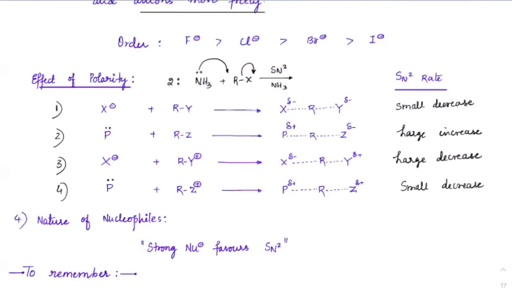If the solvent itself acts like a nucleophile, we call it a solvolysis reaction. So solvolysis happens very well with SN2 reaction. That is why I have written ammonia in the strong nucleophile list, because when ammonia attacks, it always attacks as a solvolysis reaction. And SN2 solvolysis happens at a much faster rate.